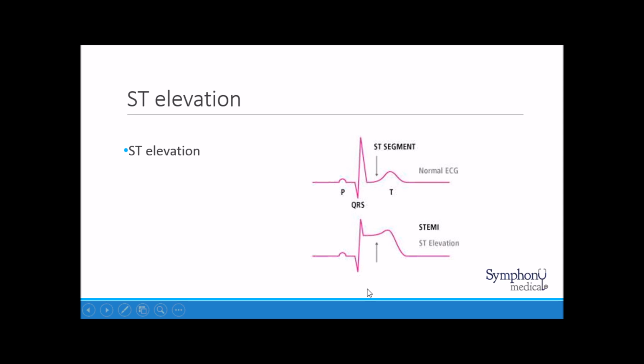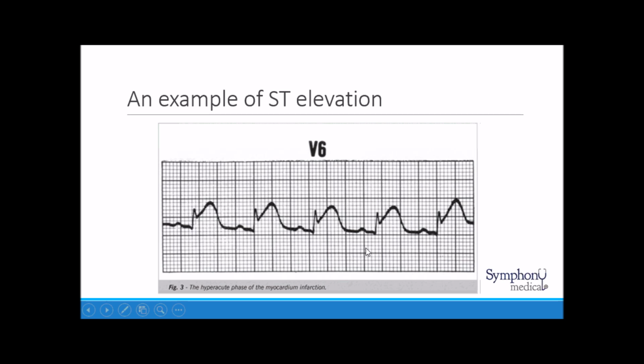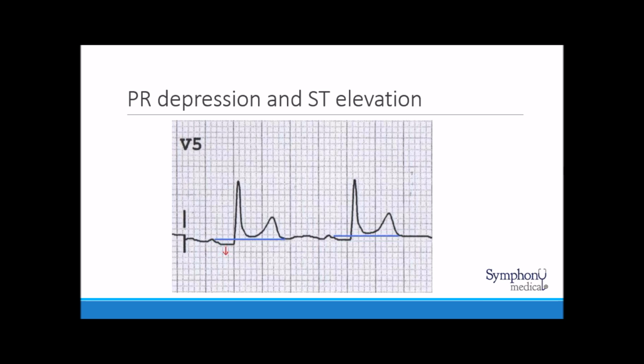So you have to compare this to this, not that. All right, so this is an example of ST elevation on a rhythm strip in V6, okay? Now, this is an example of how important it is for you to use the right isoelectric line. So does this person have ST elevation?